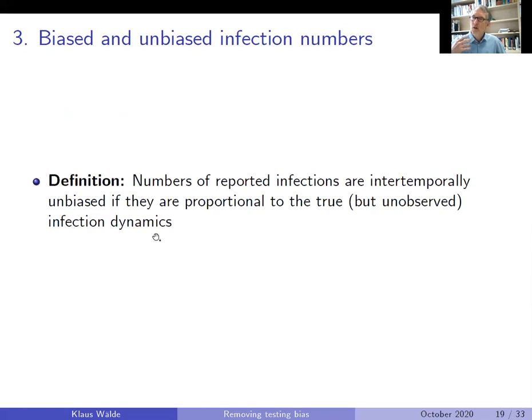So if the numbers we get from health authorities every day are proportional to true infection dynamics, then we would talk about an unbiased measure. Luckily, in our theoretical world, we understand everything, we know everything. In the theoretical world, we observe everything, so we can study and analyze whether a measure is biased or not.